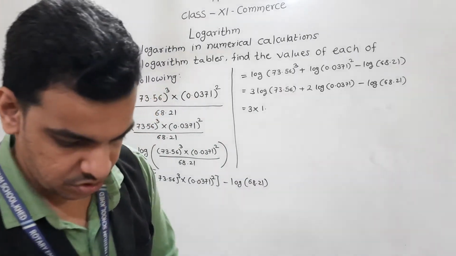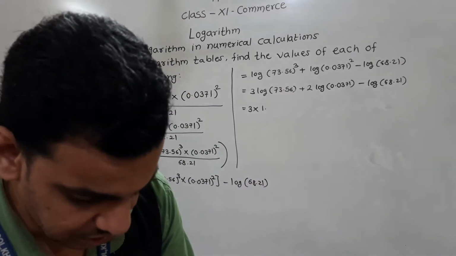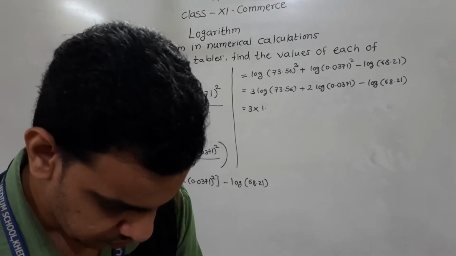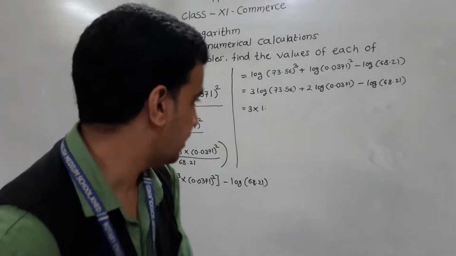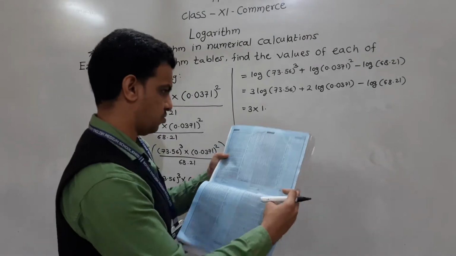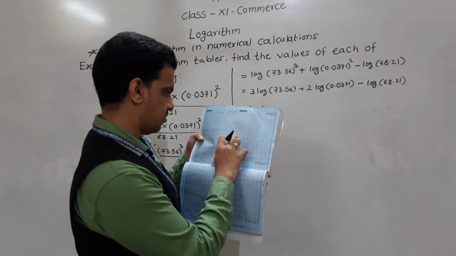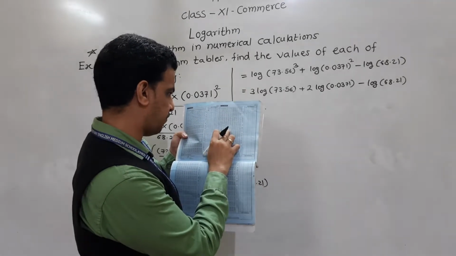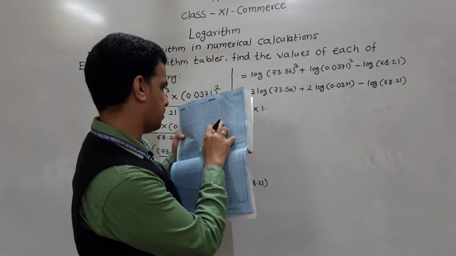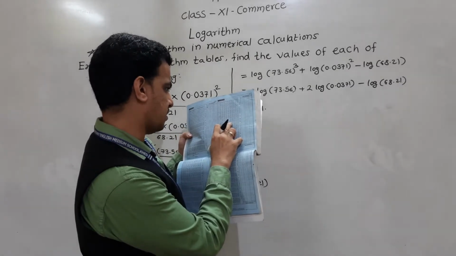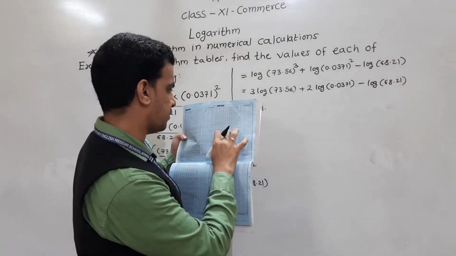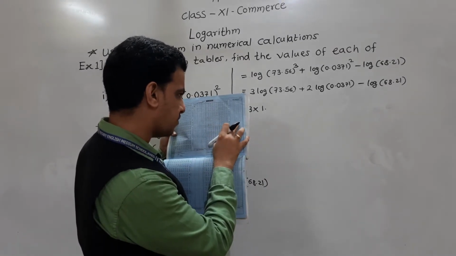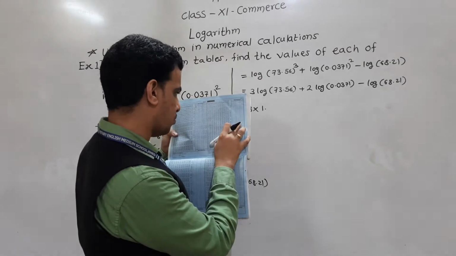Okay, so in log table, in 73rd row column headed by 5, it is 8663, and in mean differences column headed by 6, so 8663 and 4, so 8667.